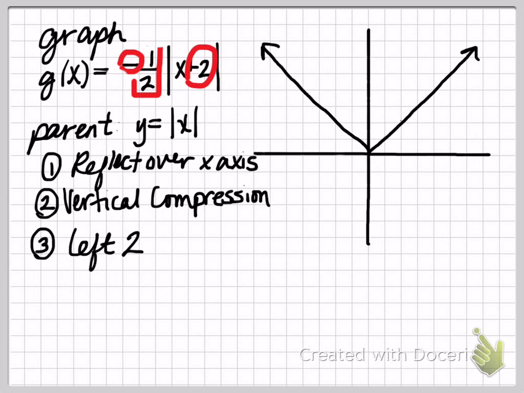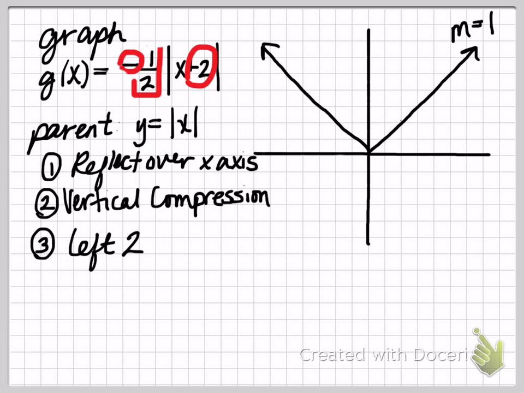So we know with the reflection that the v is then going to be opening down. Now the vertical compression, if we multiply our y values by 1/2, then the slope of my branches changes. So for example, my branch on the right-hand side, that piece used to have a slope of 1, but with a vertical compression, my new line, or the right-hand side of it, would end up with a slope of 1/2.